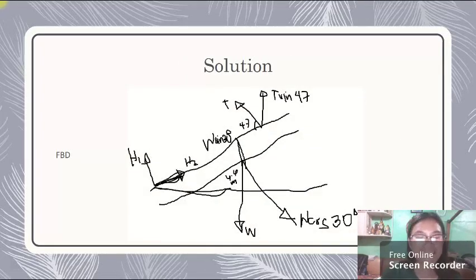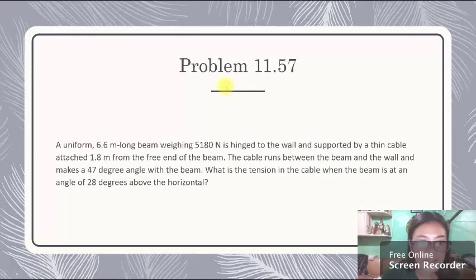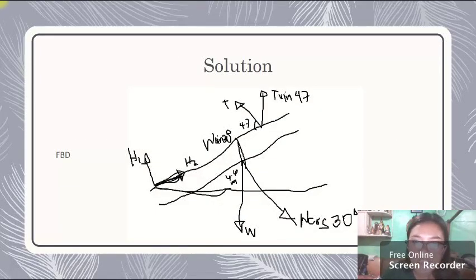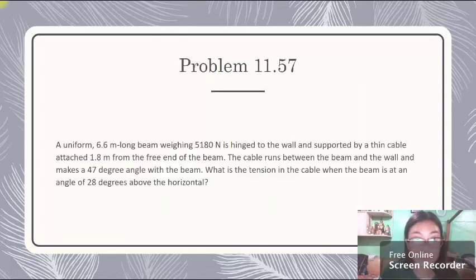So here is the free body diagram that I made for this problem. So sorry if you cannot understand it. So basically, this one's the long beam, which has a 6.6 meter length.